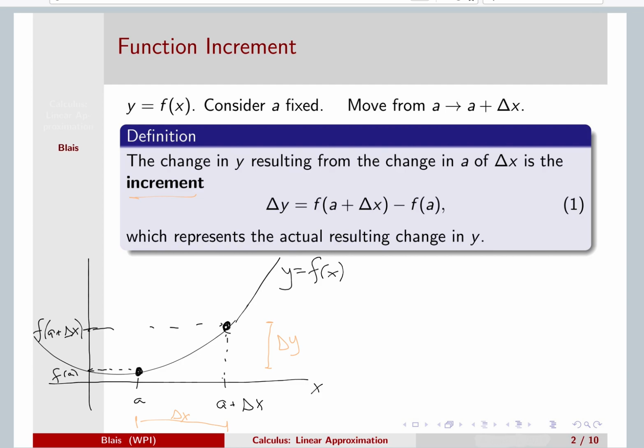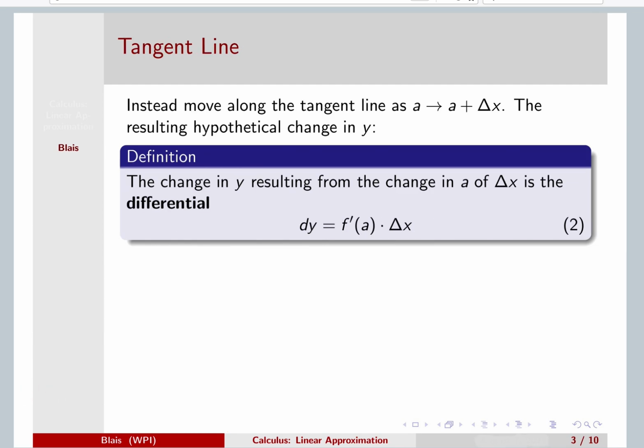Now, what we're going to try doing instead is, what if we move along the tangent line? So we can redraw our picture here. So let's see if we can get something that looks similar to what we drew there. We had A and A plus delta x.